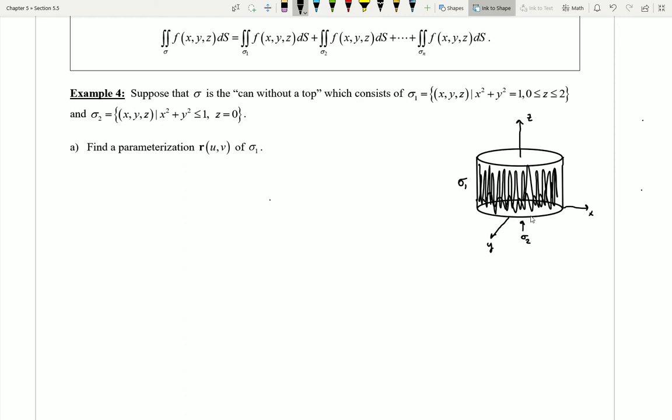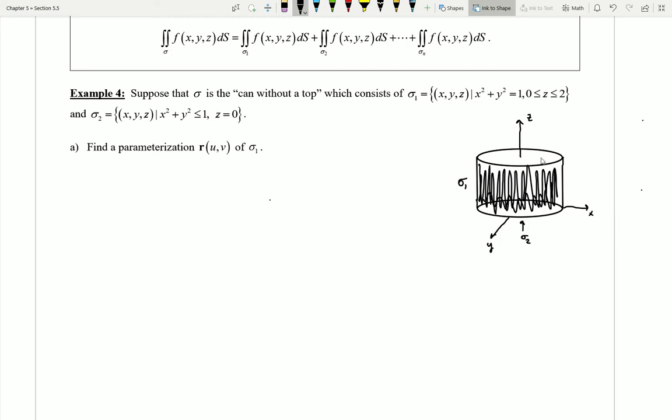There's a value of xy that produces a whole bunch of different z coordinates. This would not pass a vertical line test for surfaces. So since I don't have this z equals format, I'm going to be forced to approach this using a parameterization.